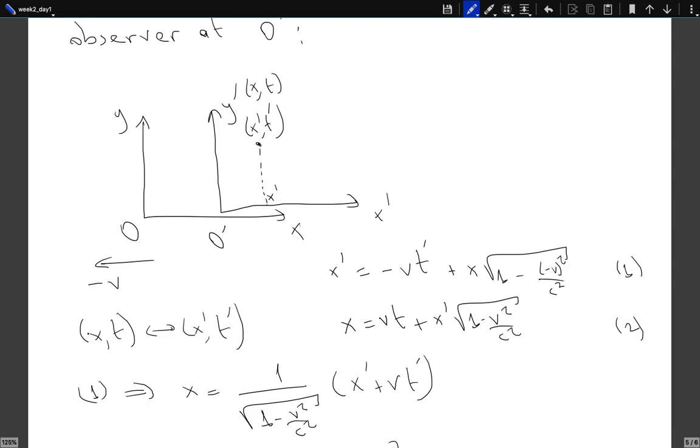These two equations are identical with the exchange of the coordinates and change of the sign of v. But the gamma factor doesn't depend on the sign of v because we are taking the square. Since the gamma factor is the same, the length contraction should be the same, if there is any.